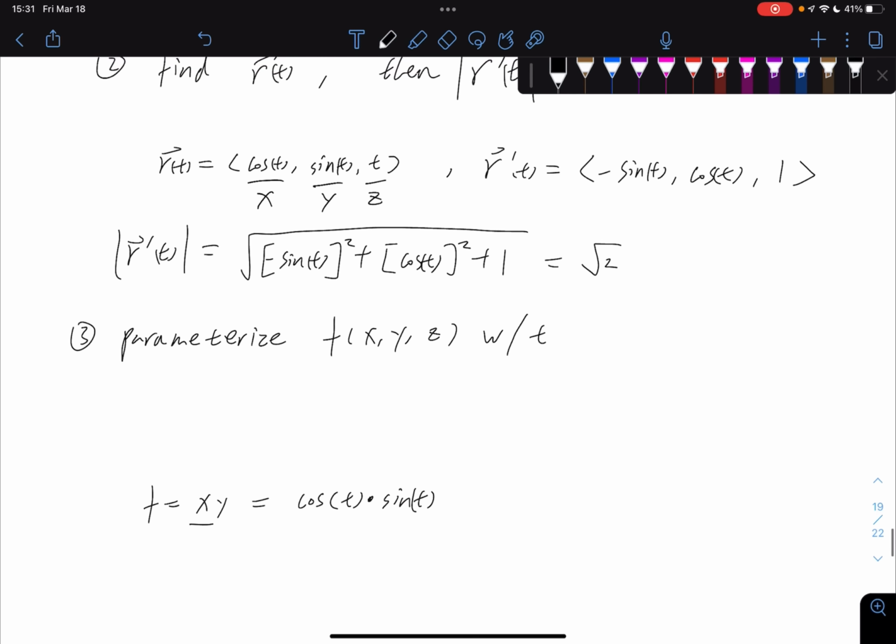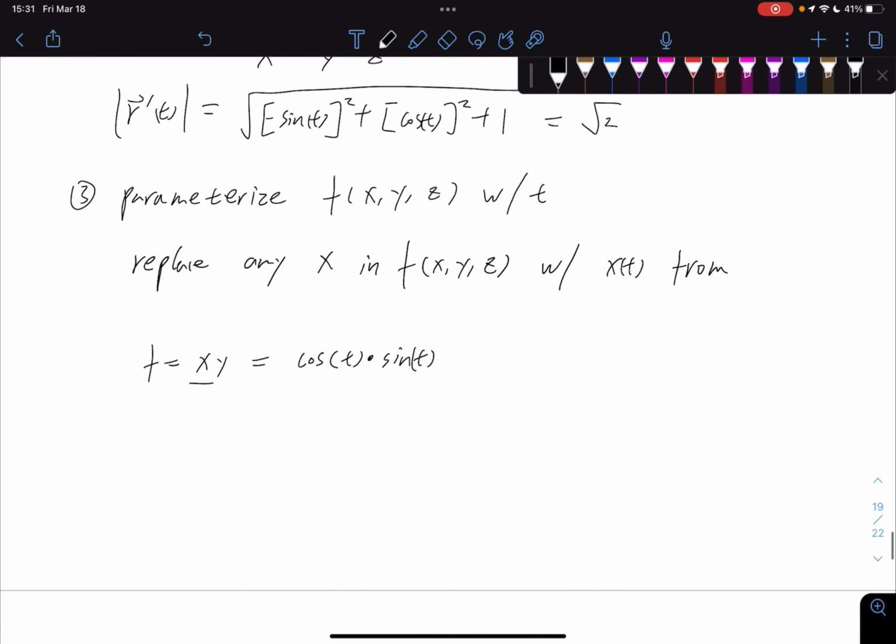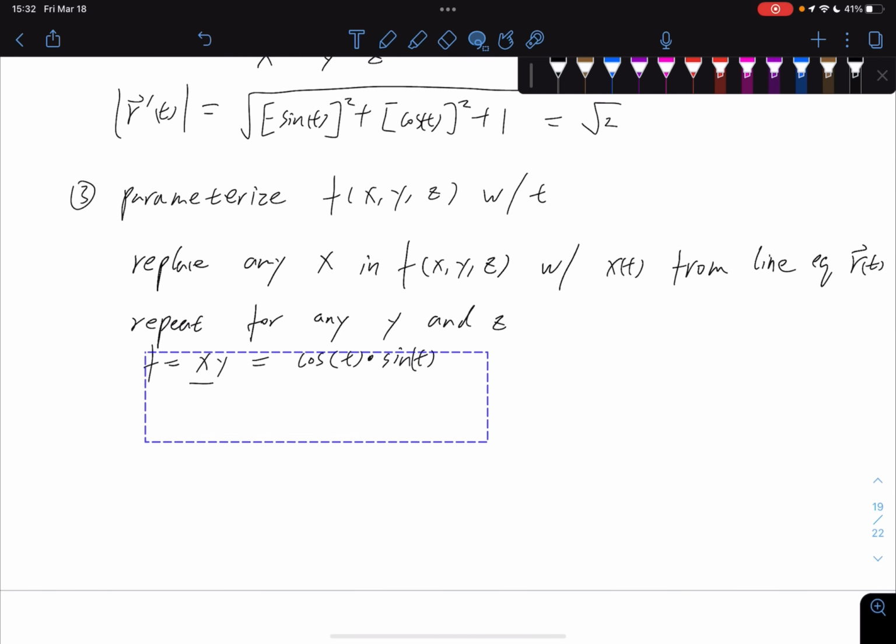Replace any x in f with x of t from the line equation, and then repeat this for any y and z.